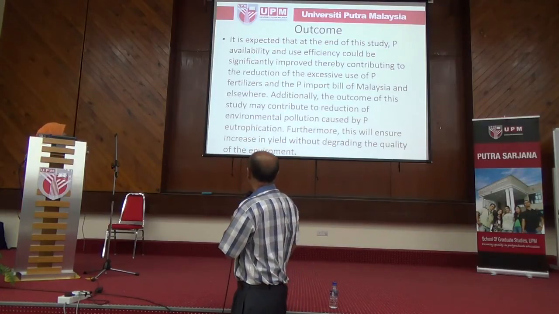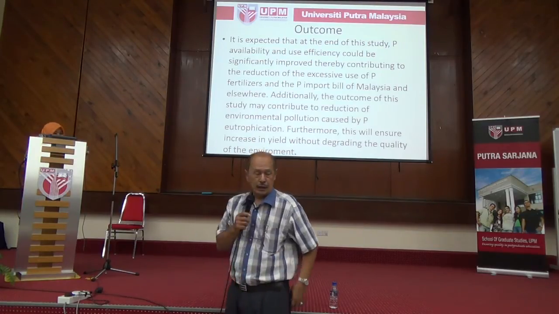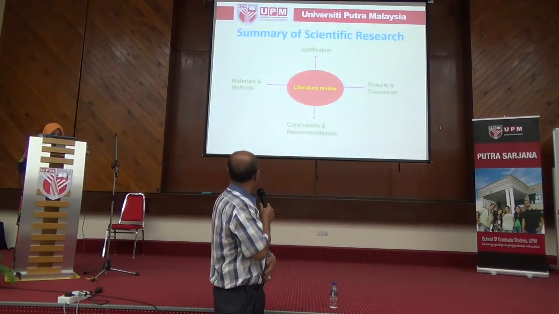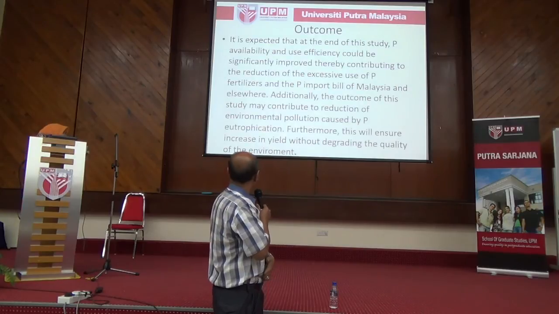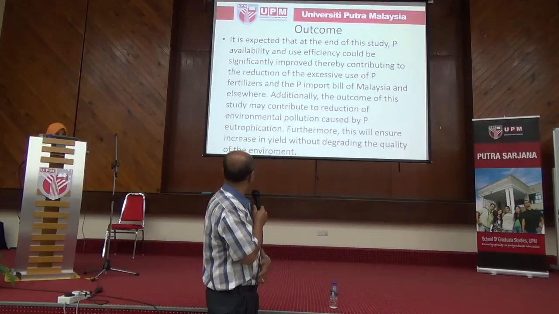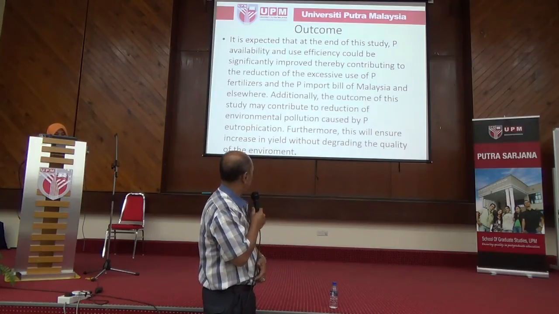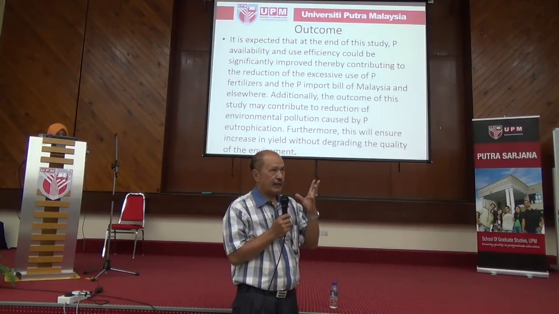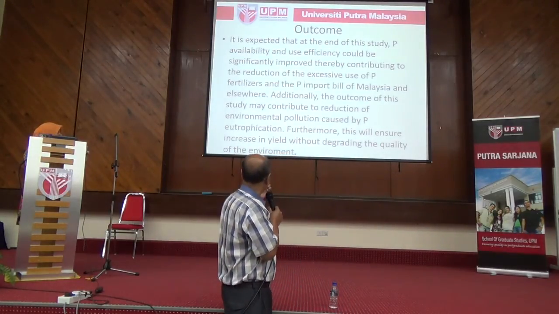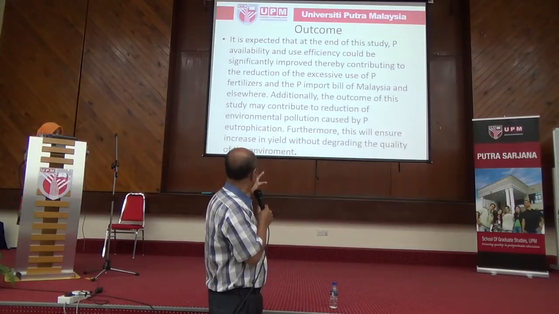Okay, now, outcome. You see that? This is the outcome. It is expected that this study, phosphorus availability would be improved. That means the plants can take more phosphorus, contributing to reduction in excessive use of phosphorus fertilizer.